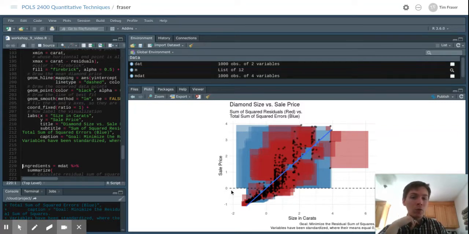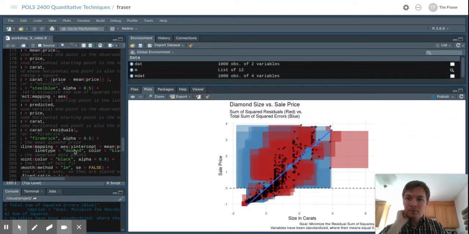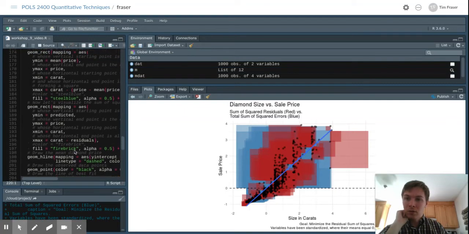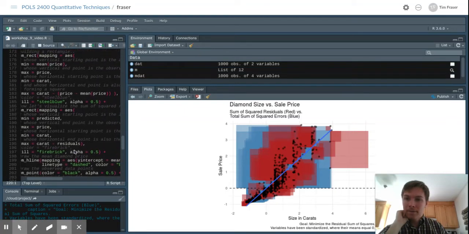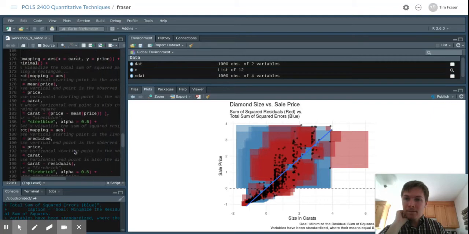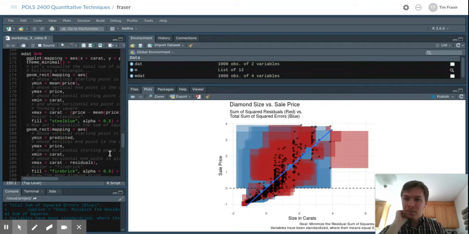However, we can also draw the average price. This dotted line going through here is the average price. The minimum is the average price.